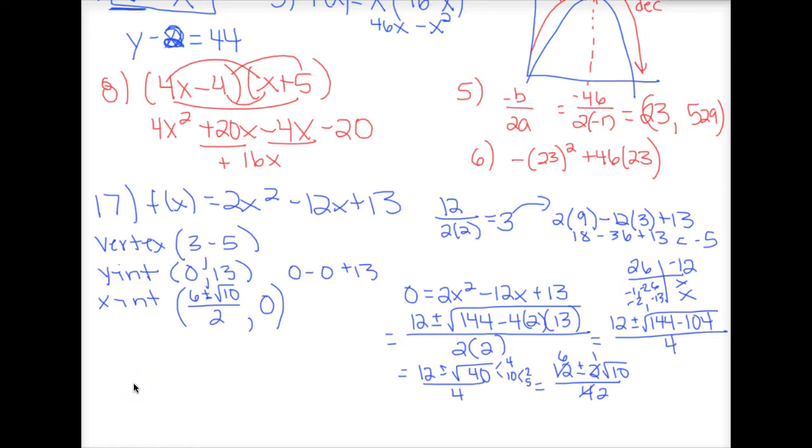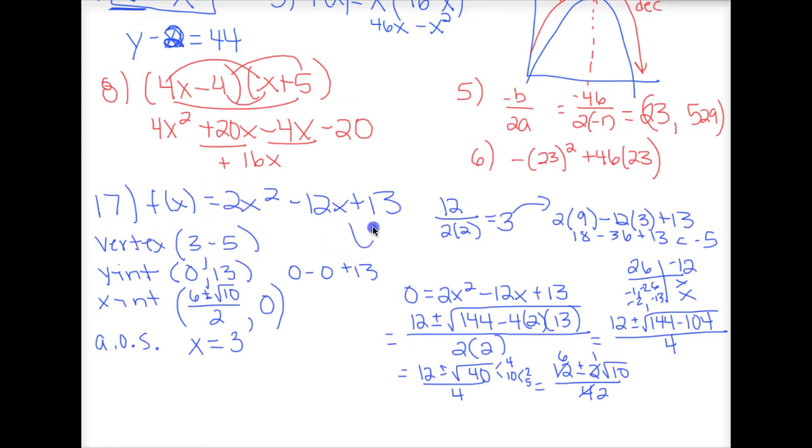The other two things that it asked for are relatively easy to find. The axis of symmetry, you should know, is a vertical line, which means it's x equals, and it goes through the x-coordinate of the vertex, so 3. Then the last thing it asked: does the graph have a min or a max, and what is it? So you have to look at the vertex and the way that it opens.